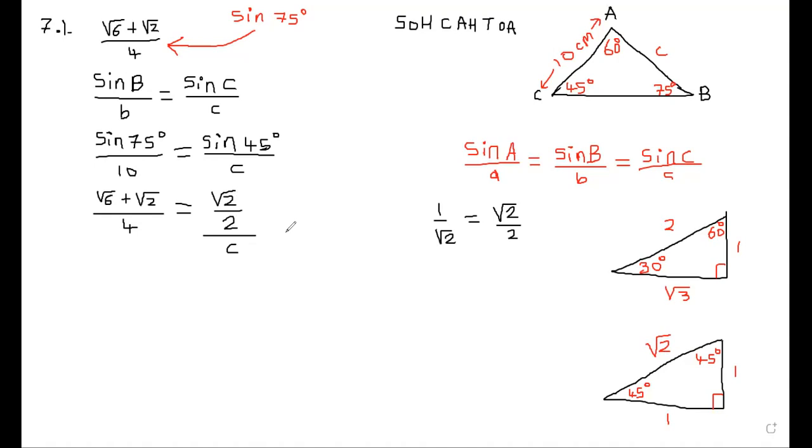Okay, let's sort out this mess. So c is the same as saying c over 1. Now if we take this big division line and turn it into a multiplication, then the 1 will come on top and the c will come to the bottom and we multiply.